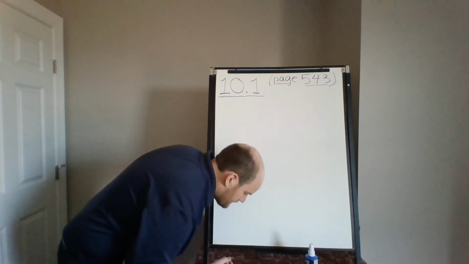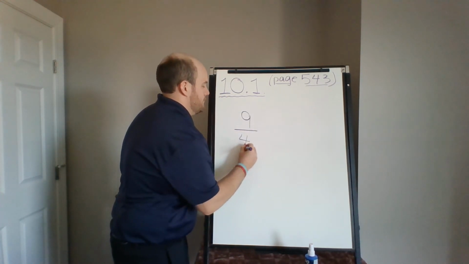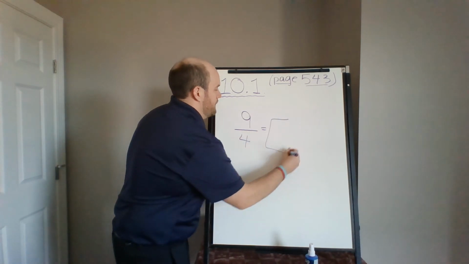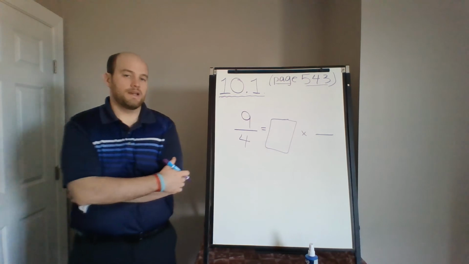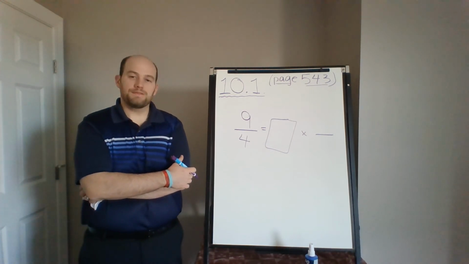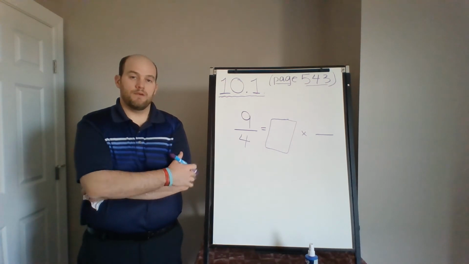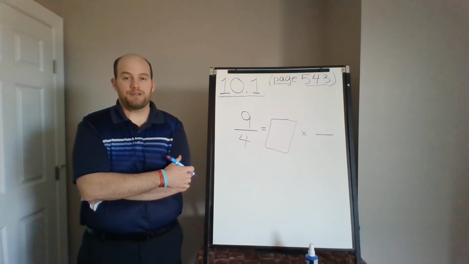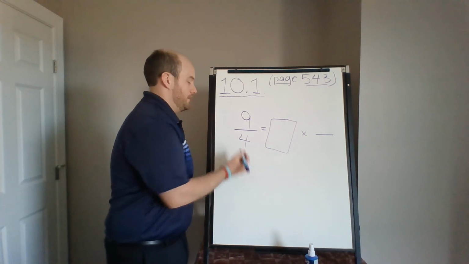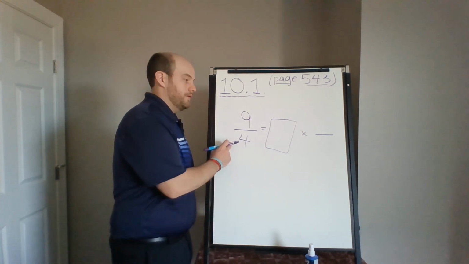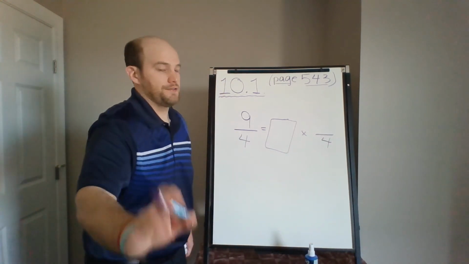Last one, number 17. We have 9 over 4. Set it up like we normally have. I'll give you some time. So it looks something like that. 9 over 4 equals number times a fraction. What do we do now? We look at our denominator. That 4, you can slide it right over here because the denominator never changes.